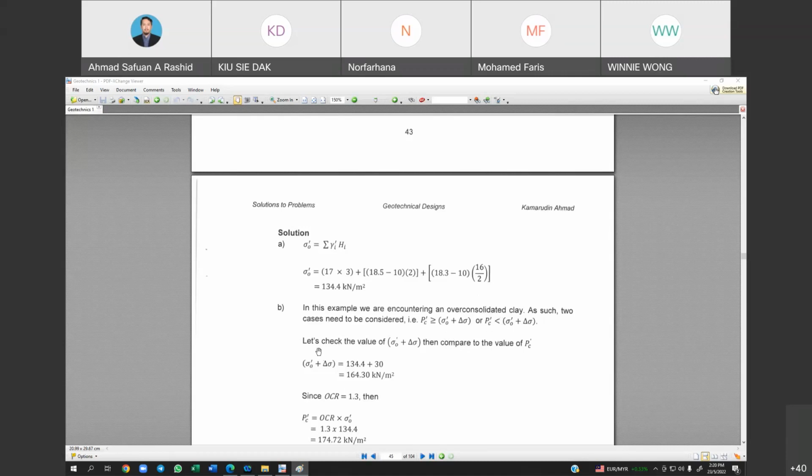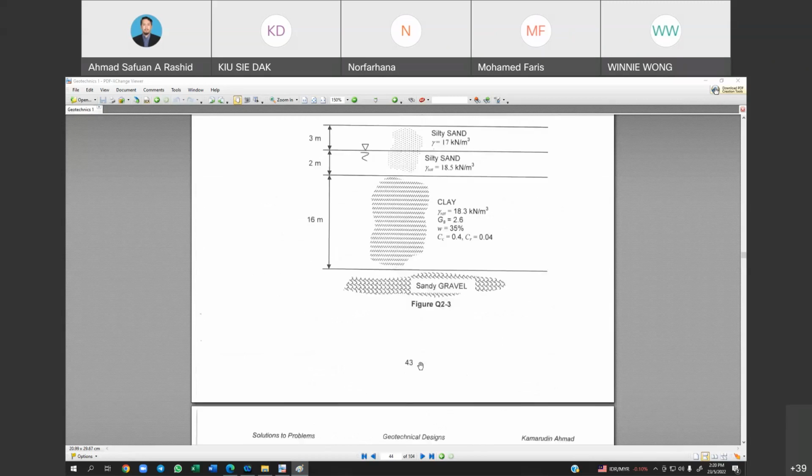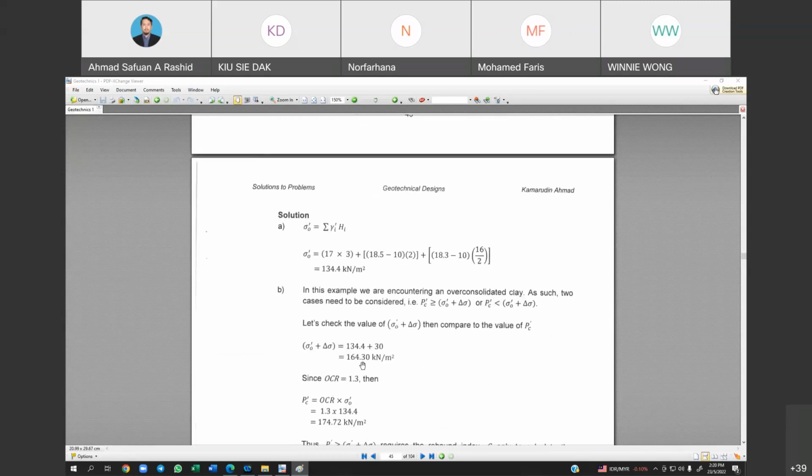So let's check the value of effective stress plus delta sigma, then compare to the PC. For example, 134.4, which is the vertical stress, plus the 30 value that's been provided in the question. So the value is 164.3, that is for the sigma naught plus delta sigma.